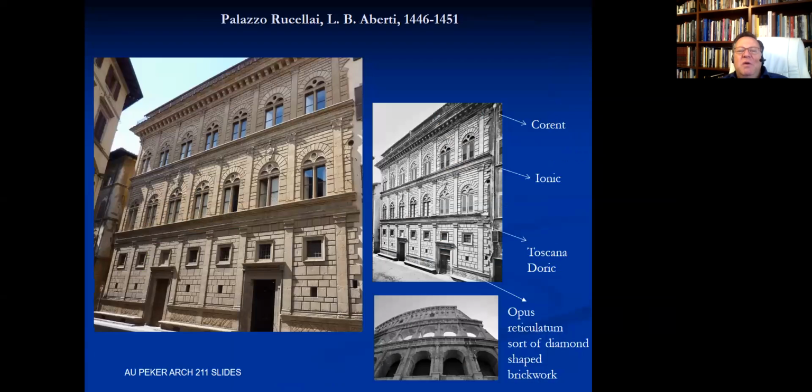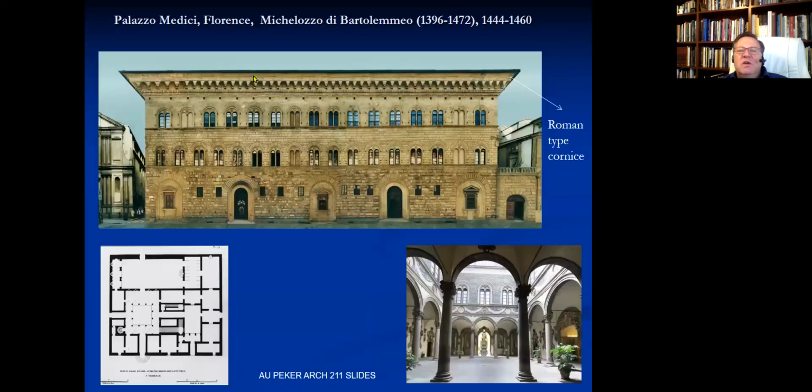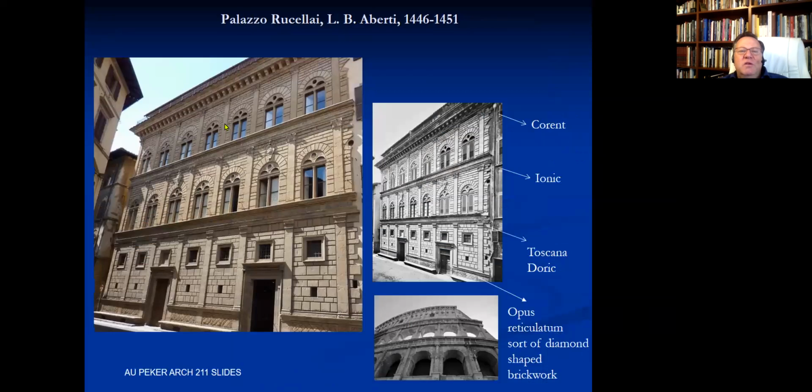Palazzo Rucellai by Alberti, in a similar way, uses a great cornice at the top, like the one here, dominating, limiting the design at the top.